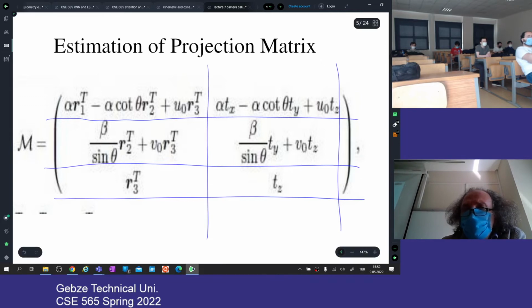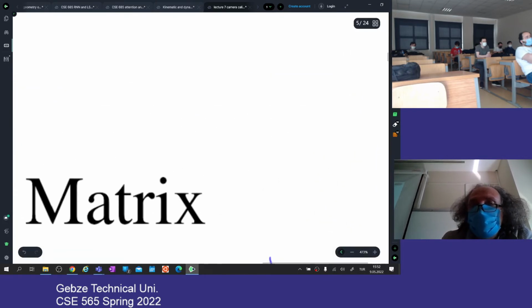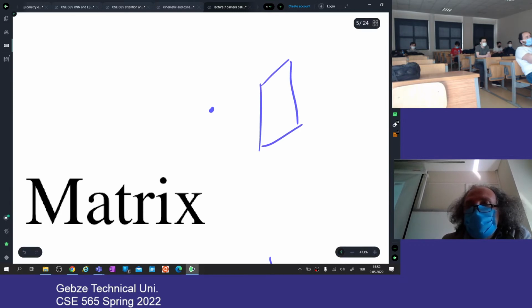U0, V0. You guys remember it? It is called what point? If this is my center of projection, and this is my image plane, and in the center of projection this is my XYZ, this is 0, 0, 0.